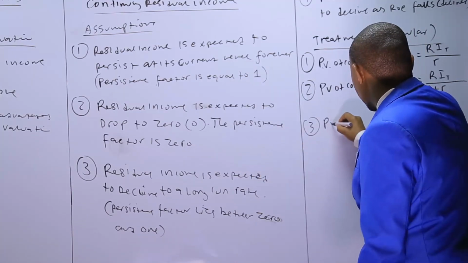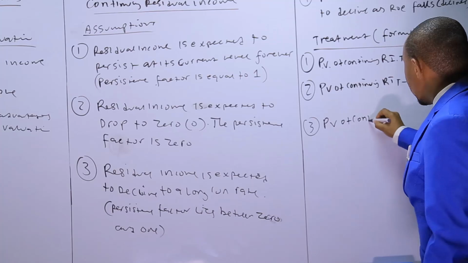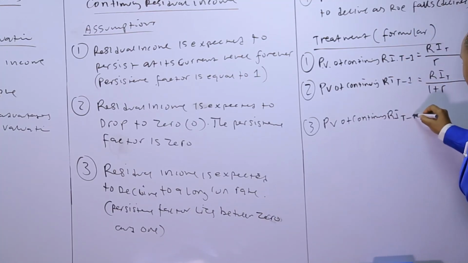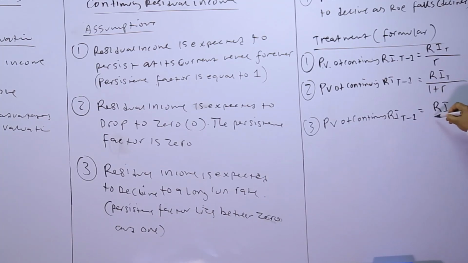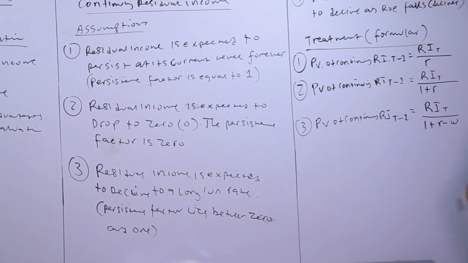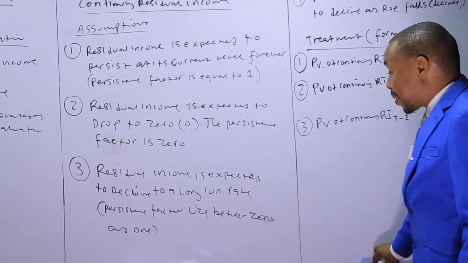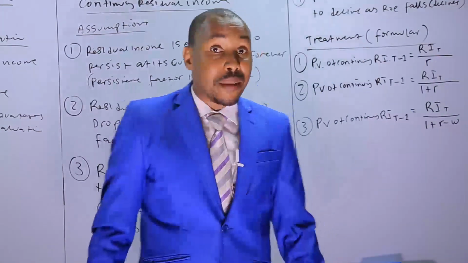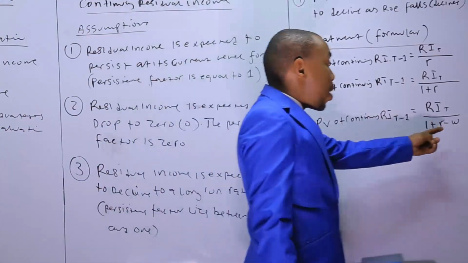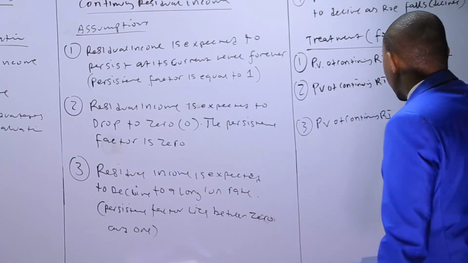The present value of continuing RI at time t minus 1 is equal to RI at time t divided by 1 plus r minus W. The persistence factor in the third assumption may lie between 0 and 1. You could be given 0.6, you could be given 0.8. That's when we need to include the component of W.